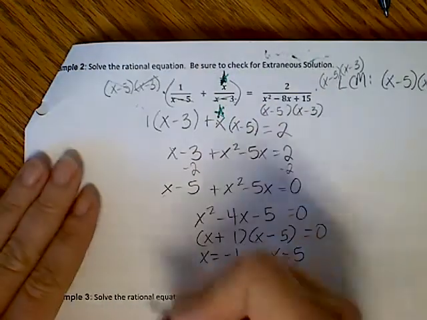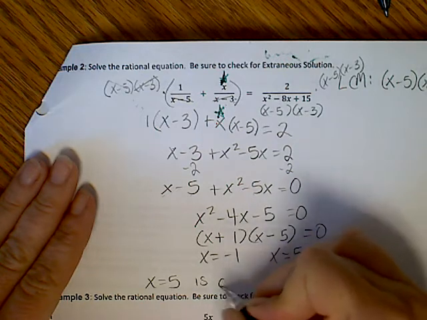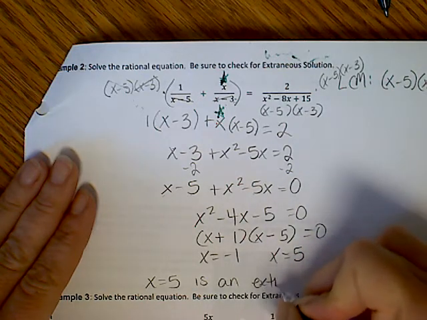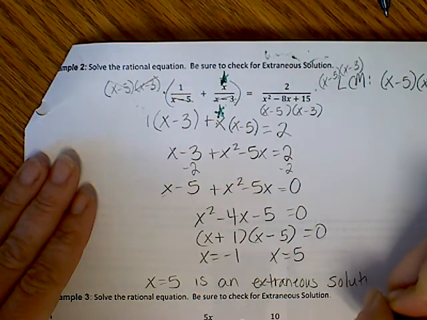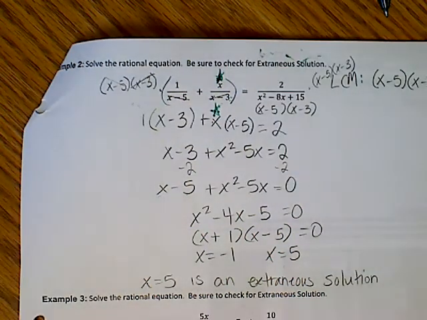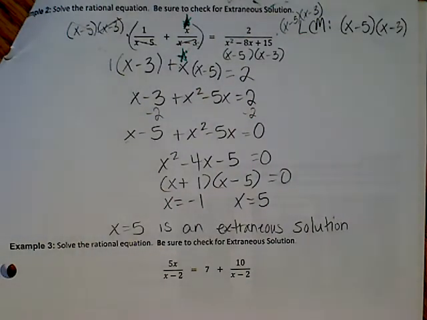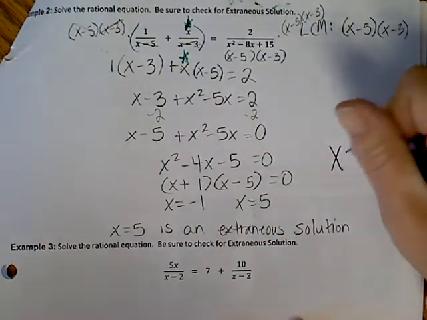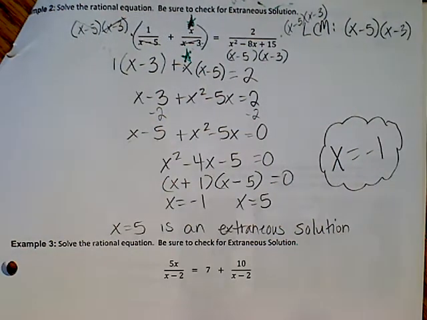That would be wrong. I cannot use 5. X equals 5 is an extraneous solution. Okay? So the real answer is x equals negative 1.